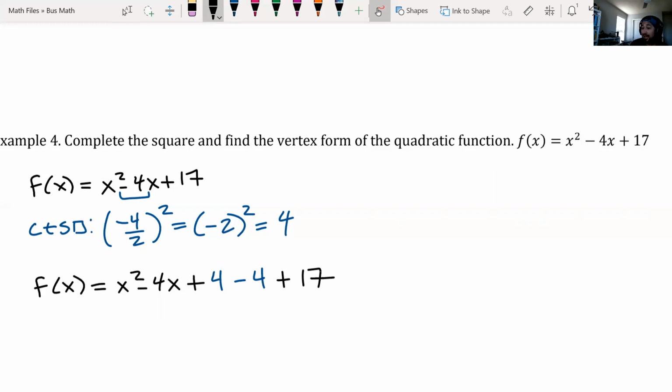All right, so we add it and we subtract it on the same line. Okay, and just like an equation, the left part of this line will become factorable. You can factor this always. And this part, you will simplify.